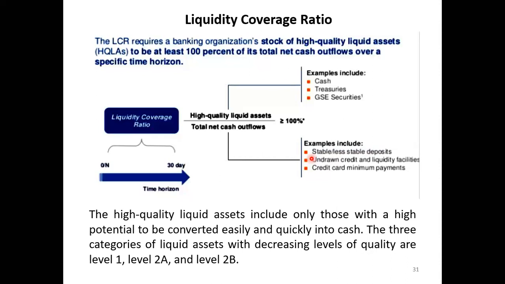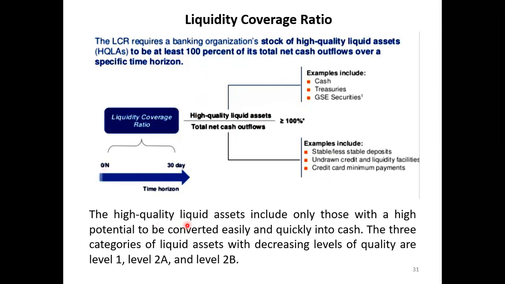And credit card minimum payments: people purchase using credit cards, so that amount also should be settled by their bank. So this is the formula. If they maintain the ratio at more than 100%, the risk of liquidity is low.